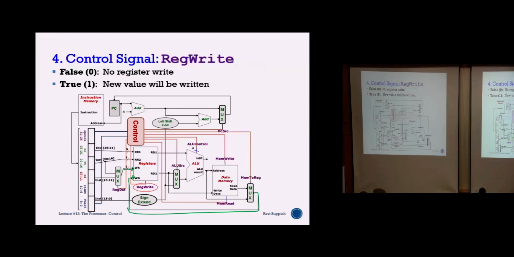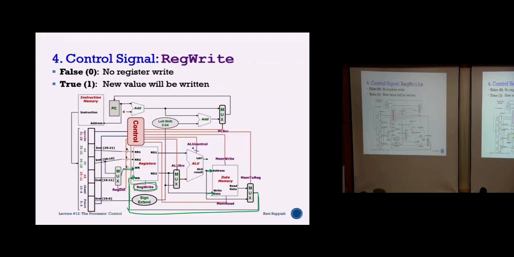So we need a pin to tell us whether this data and this write register are valid, and now I need to update the register. Just like your memory, there will always be something at the address and something at the data. But I need to activate memory write or memory read to tell the memory block whether I'm going to do a write, a read, or not do anything.